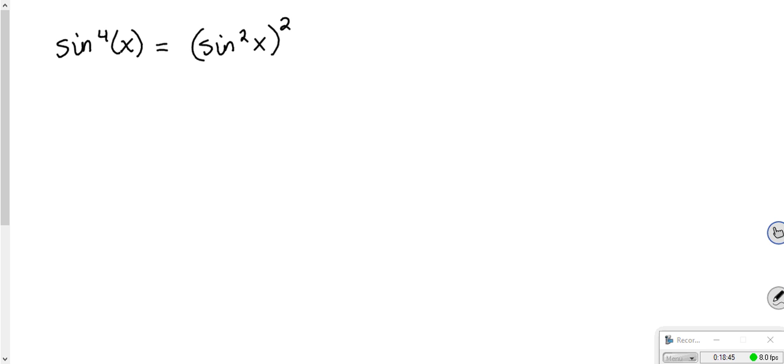Now, you all realize that we've been doing this for a while now, but that sine x squared is the same thing as sine squared x. Same exact thing. Okay? So I'm just kind of breaking up the 4th power into squared, squared.